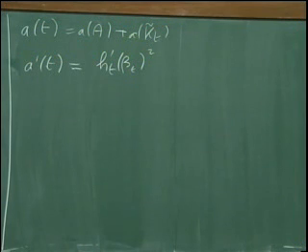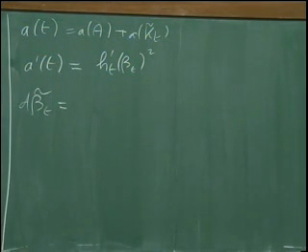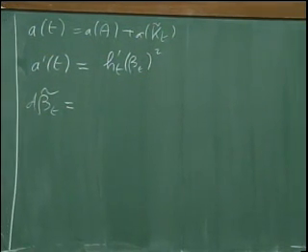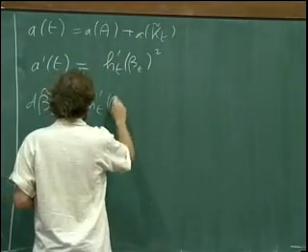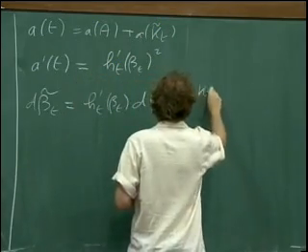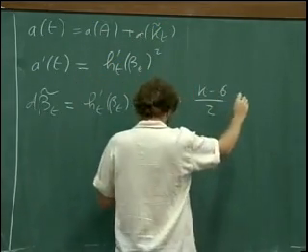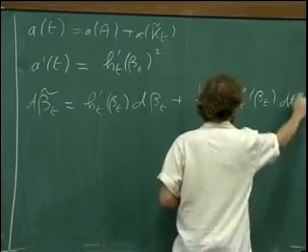The second estimate was something about the driving function here. We applied Ito's formula to get that d beta tilde t was given by, so you write beta tilde is h_t of beta_t, and you apply Ito's formula, and what you get is that this is h_t'(beta_t) d beta_t plus (kappa minus 6)/2 times h_t''(beta_t) dt.